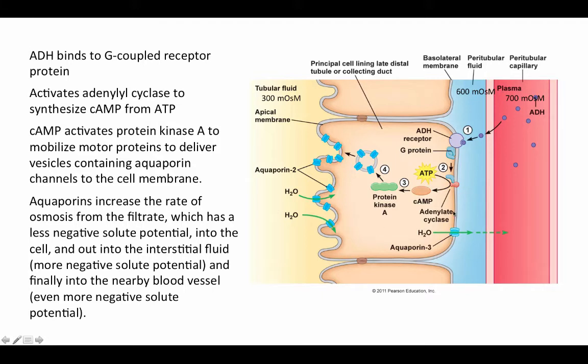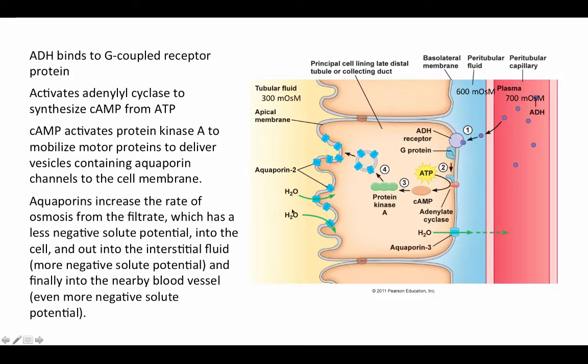There are also going to be aquaporins inserted onto the outside of these cells, out facing the interstitial fluid. Water is going to flow from the inside of the cell to this very concentrated region out here in the renal medulla. We have a concentration of about 600 milliosmolar here, and then finally it's going to diffuse by osmosis into the bloodstream, which has a solute concentration of about 700.